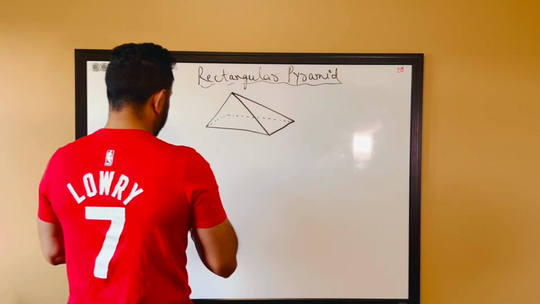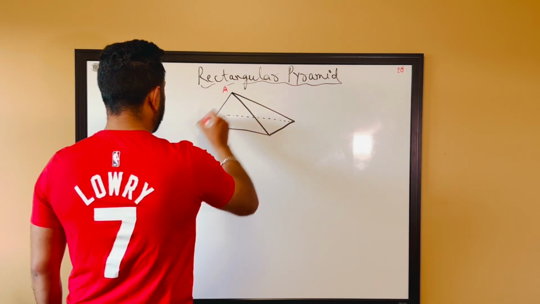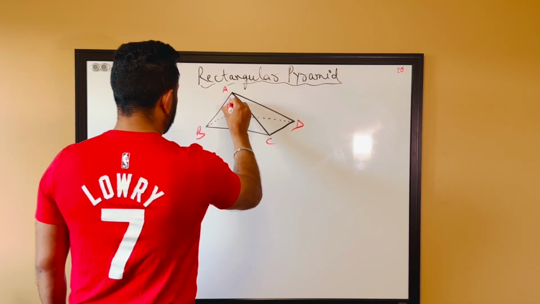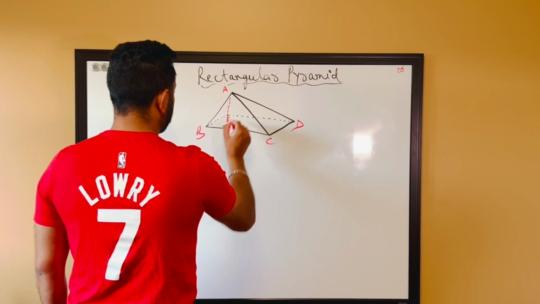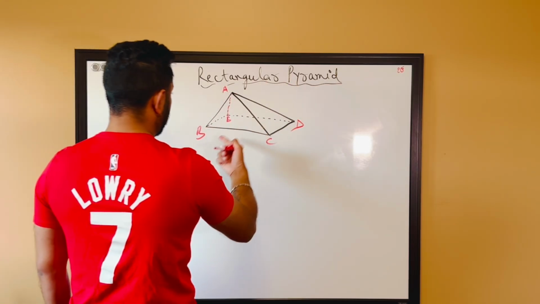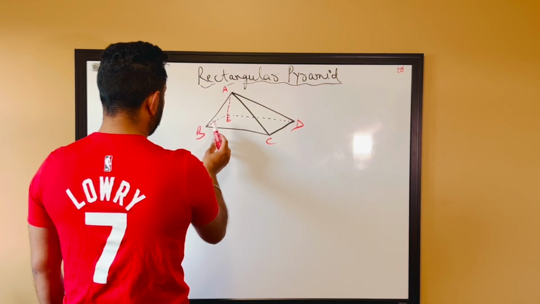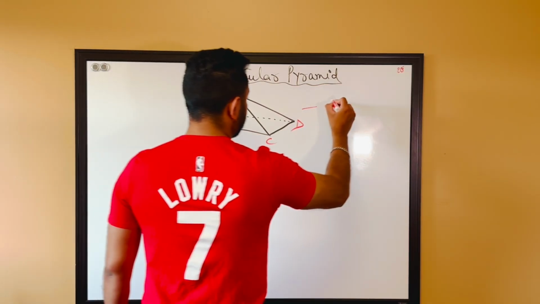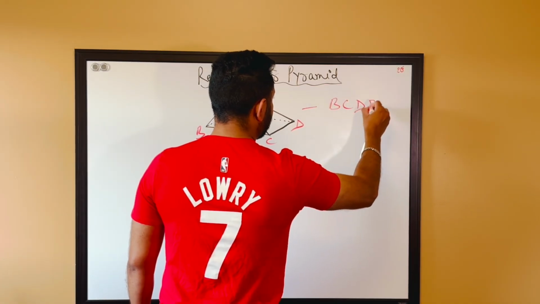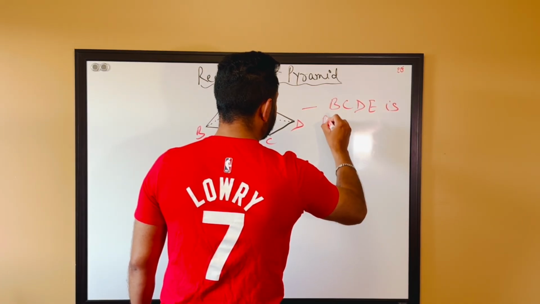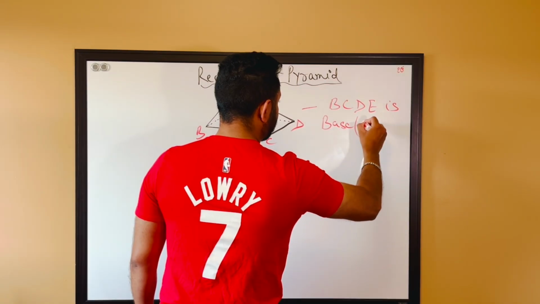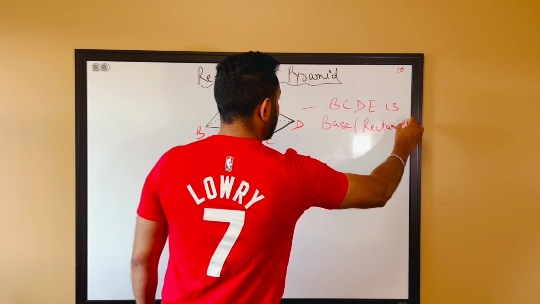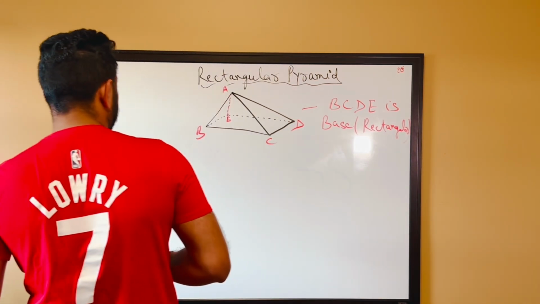And we can name the figure as A, B, C, D, and E. So B, C, D, and E is the base and is in the form of a rectangle. So that is the reason it is called a rectangular pyramid.